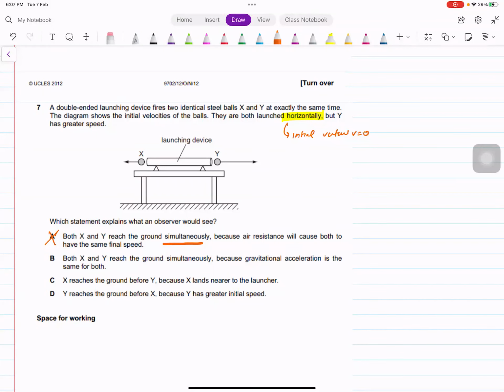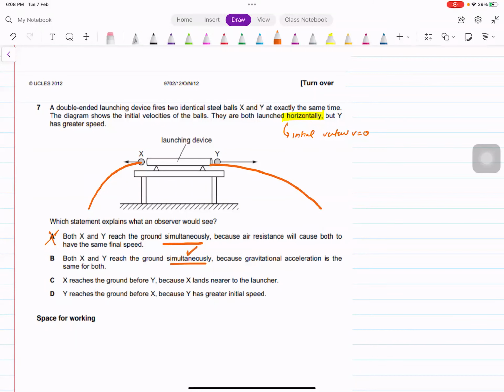And if there was air resistance, then obviously it would affect the fall of both. X would have less velocity, so it would land nearer, and Y would fall further away. But the thing is that both x and y reach the ground simultaneously.